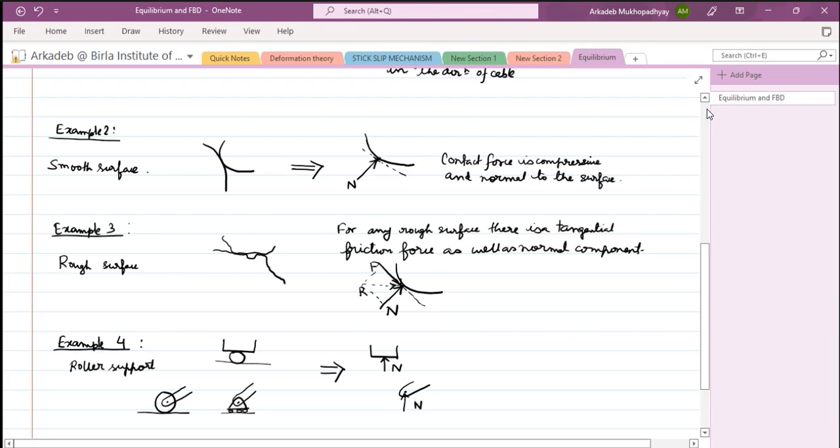So a roller support transmits a compressive force normal to the supporting surface, right?